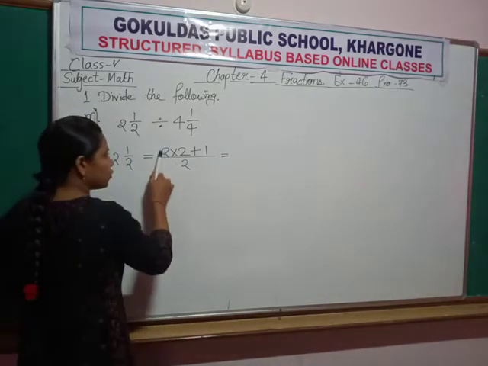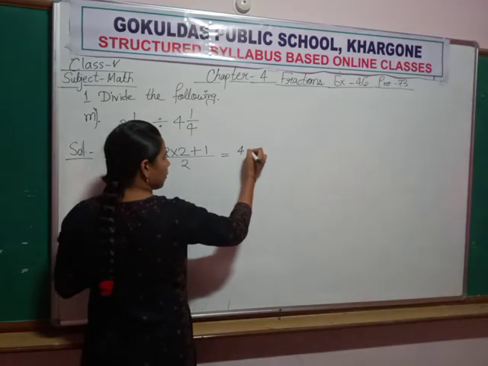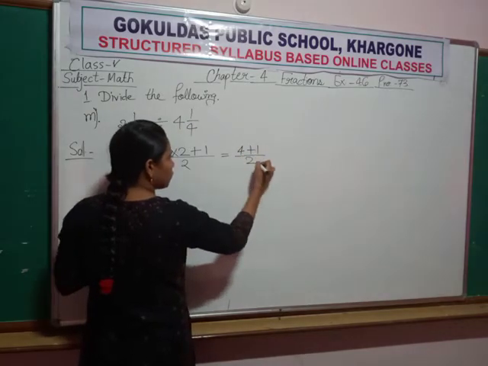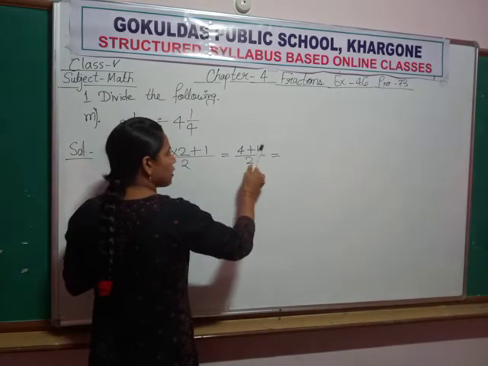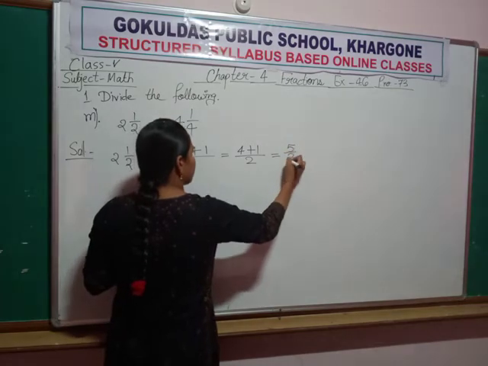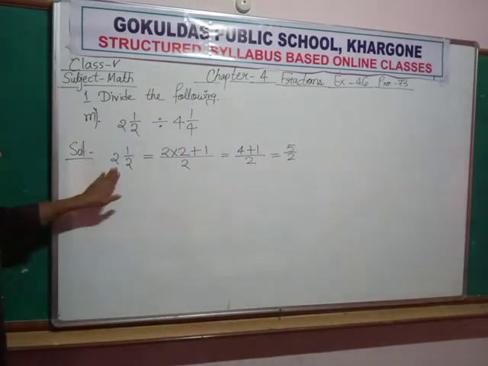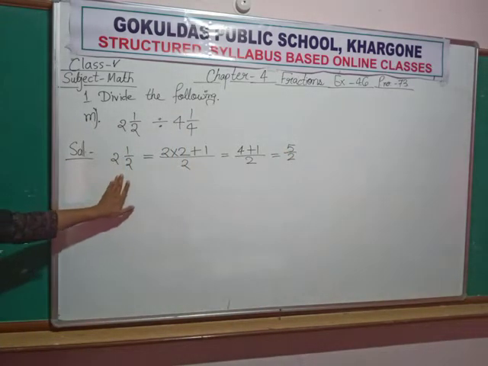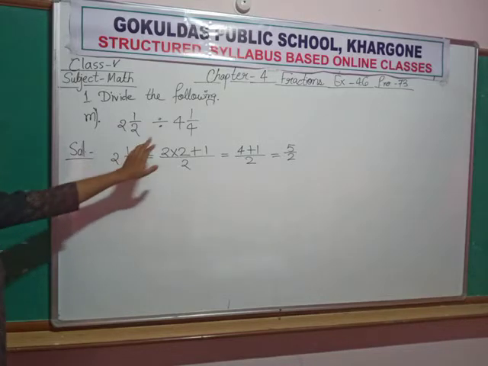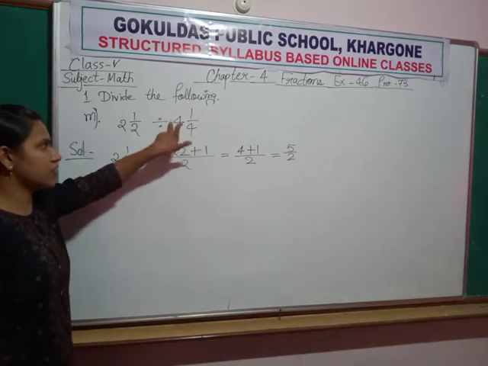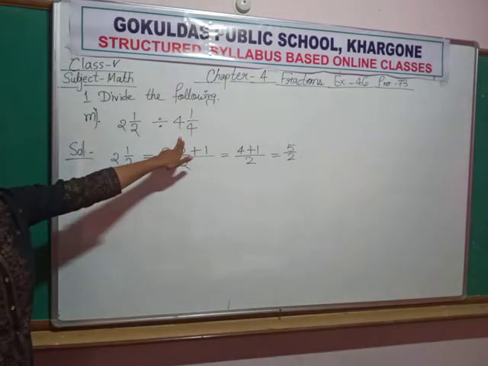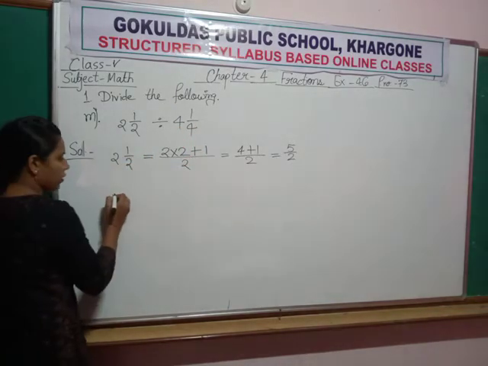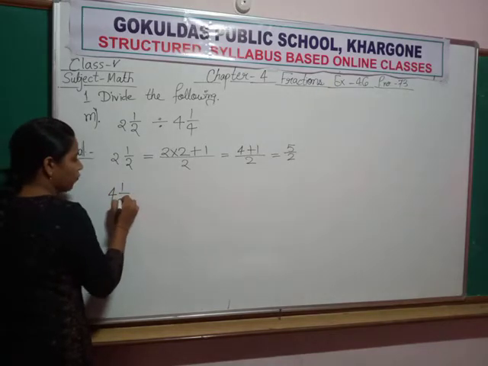Now solve it. 2 multiply 2 is 4 plus 1 upon 2. 4 plus 1 is 5 upon 2. So when we convert it into improper fraction, our result is 5 upon 2. Now our next given fraction, that is our divisor, is also a mixed fraction. So we need to convert it. 4 and 1 upon 4.